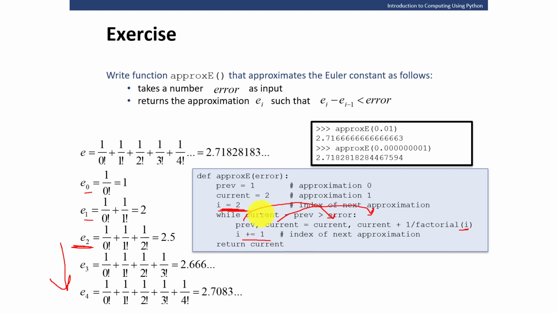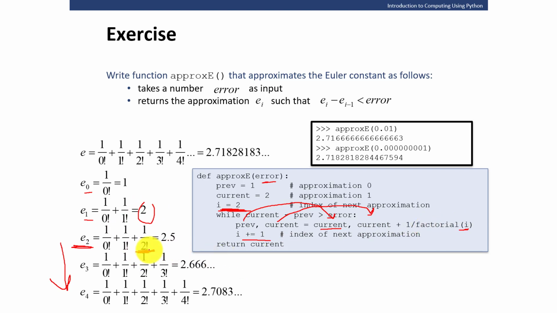And while the difference between the current and the previous is less than the error provided by the function, the previous will equal the current, which is equal to 2, and the current will equal 1 plus 1 over the factorial of 2.